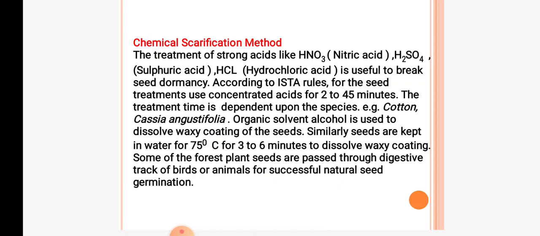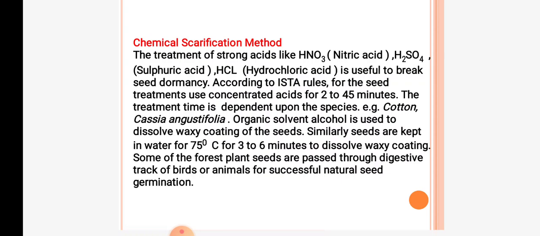Organic solvent alcohol is used to dissolve the waxy coating of the seeds. Similarly, seeds are kept in water at 75 degrees centigrade for 3 to 6 minutes to dissolve the waxy coating. Some forest plant seeds are passed through the digestive tract of birds or animals for successful natural seed germination.